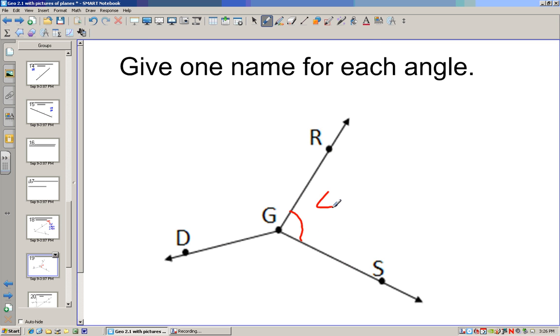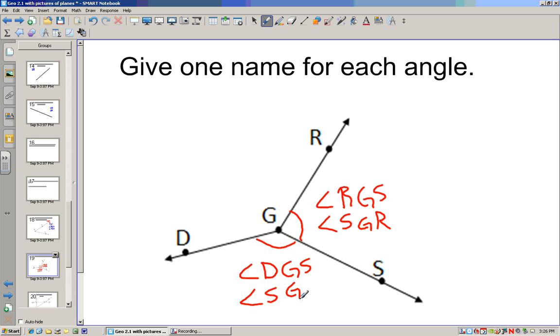So we could name this RGS or SGR. This angle would be angle DGS or angle SGD. The angle up top here is angle DGR or angle RGD.